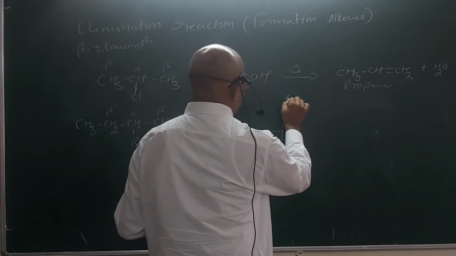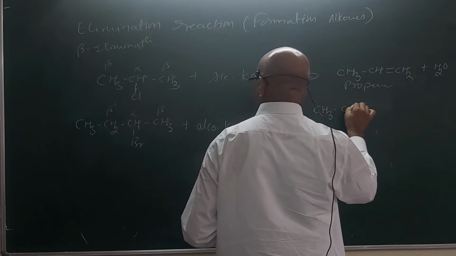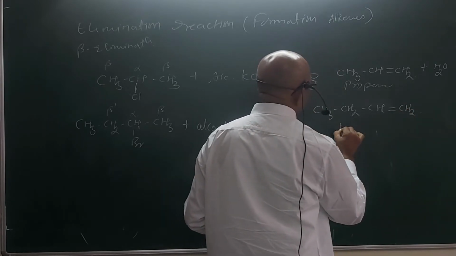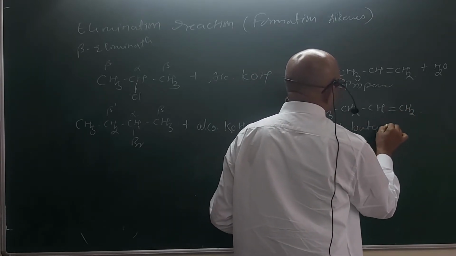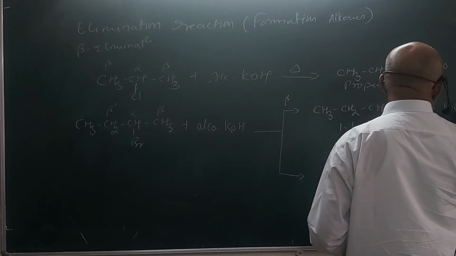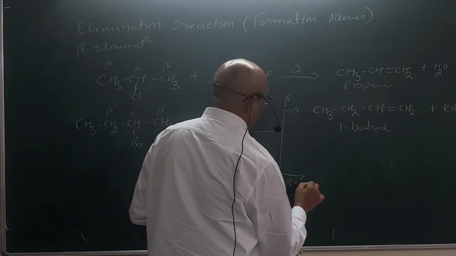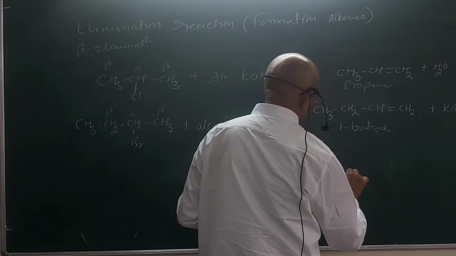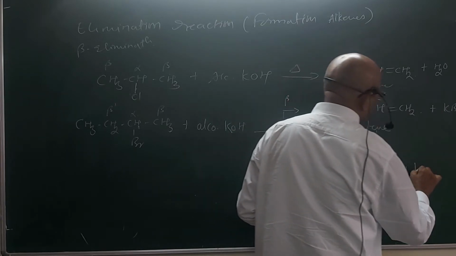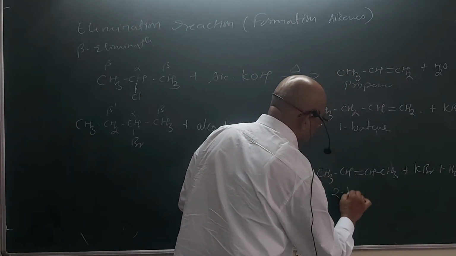If it eliminates beta hydrogen along with the bromine, you will get the product CH3CH2CH=CH2, so it is 1-butene, plus KBr plus H2O. And if the beta dash hydrogen is eliminated, you will get the product CH3CH=CHCH3 plus KBr plus H2O. So here you are getting 2-butene.